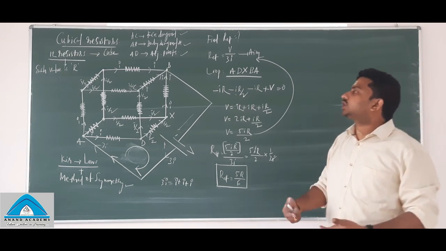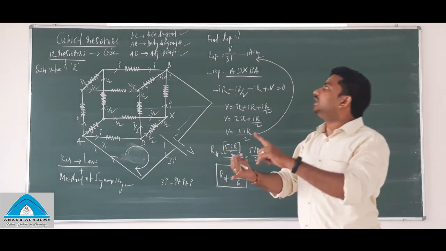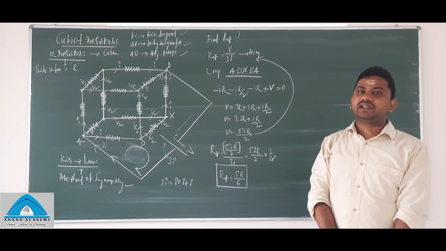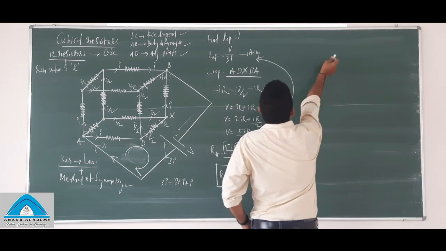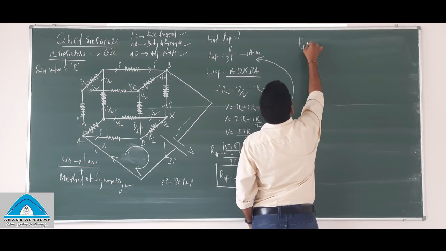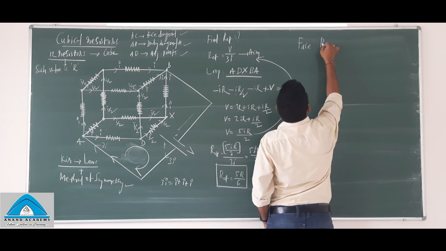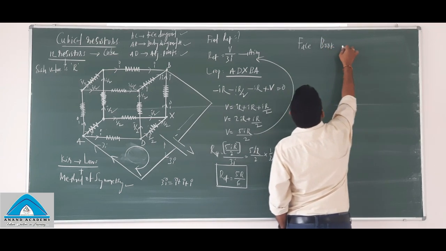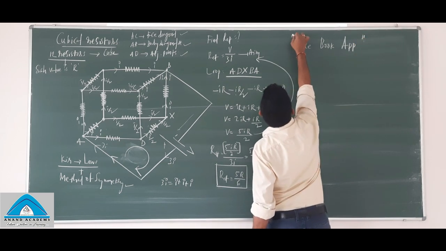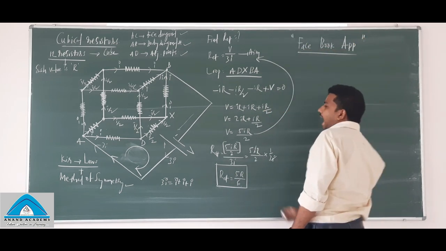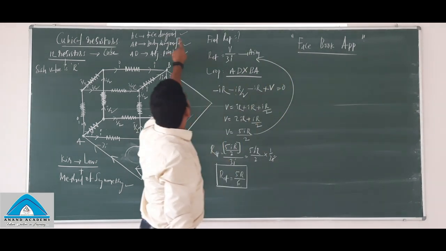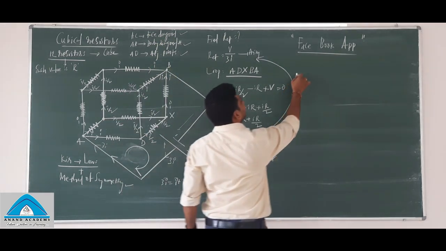Now, what is the shortcut to solve the face diagonal, body diagonal, and adjacent points? Okay. Clear? Are you ready? Now, what is this? FBA, where F stands for face diagonal.